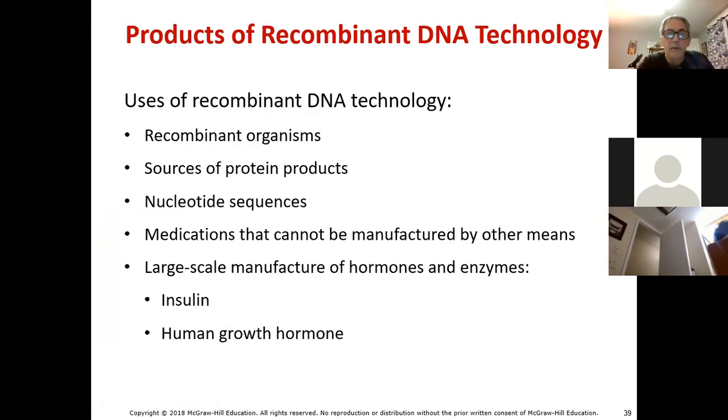Products of recombinant DNA technology: any organism that has new genes is recombinant. We can use these now to make protein products or nucleotide sequences, medications that can't be manufactured any other way. It's used in the large-scale manufacture of hormones such as insulin, human growth hormone, and enzymes.